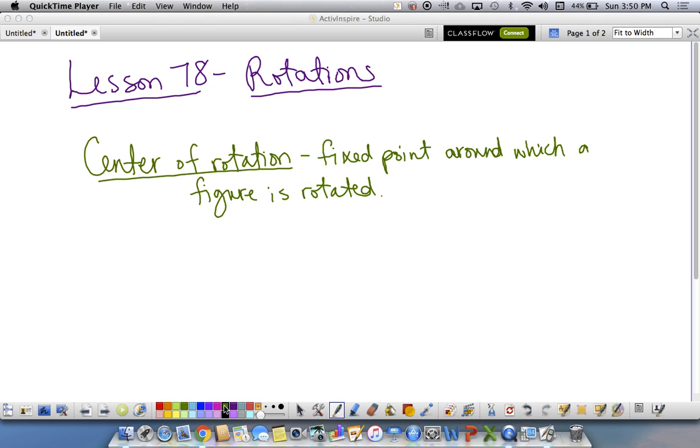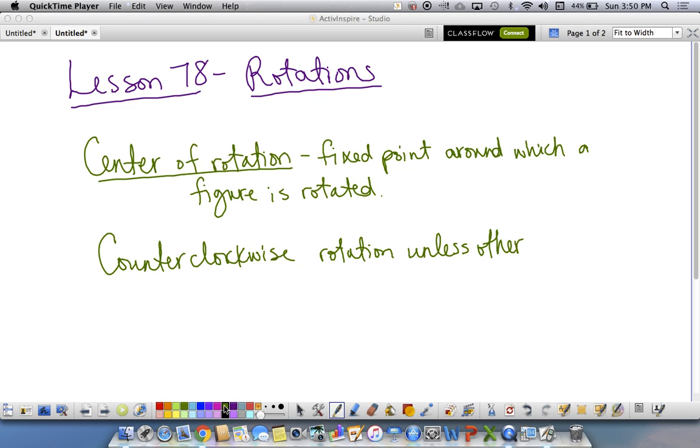Rotations are assumed to be measured as a counterclockwise rotation unless otherwise noted. What does that mean? We start here, we're going counterclockwise, not the way the clock spins.